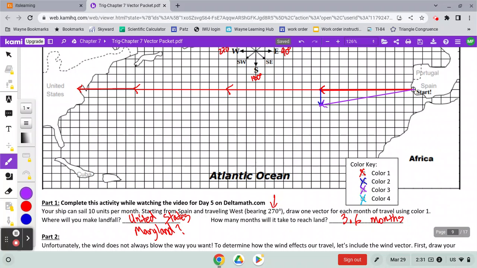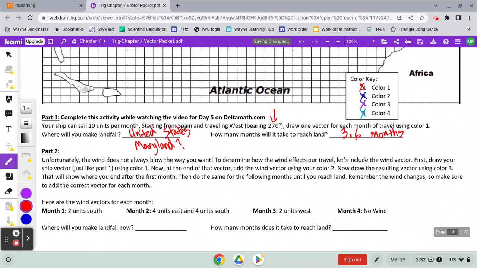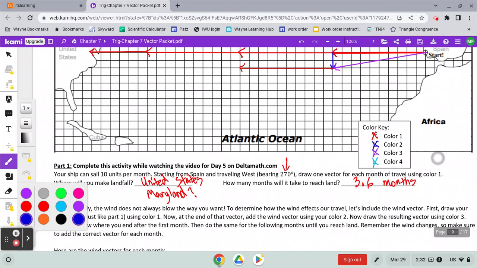Okay, so now from that spot, we will once again go left 10 again. So if we go left 10, we end up here. And then if we look back down, it says that month 2's wind vector was 4 units east and 4 units south. Okay, now 4 units east and 4 units south.